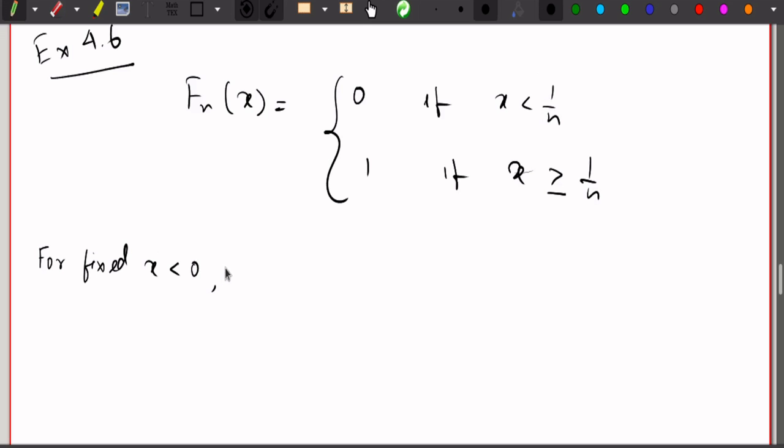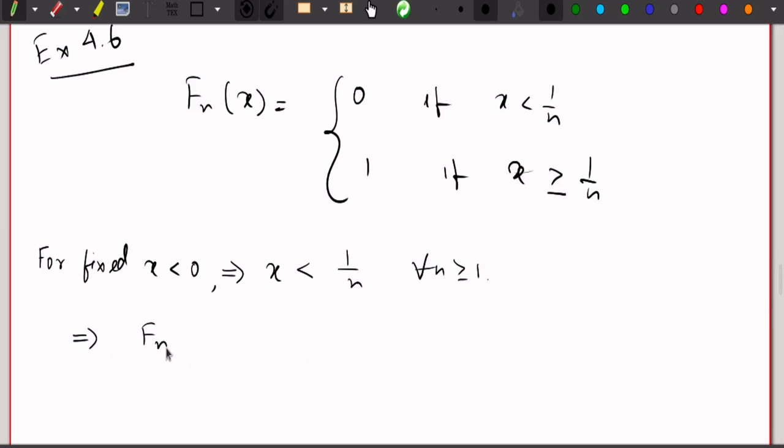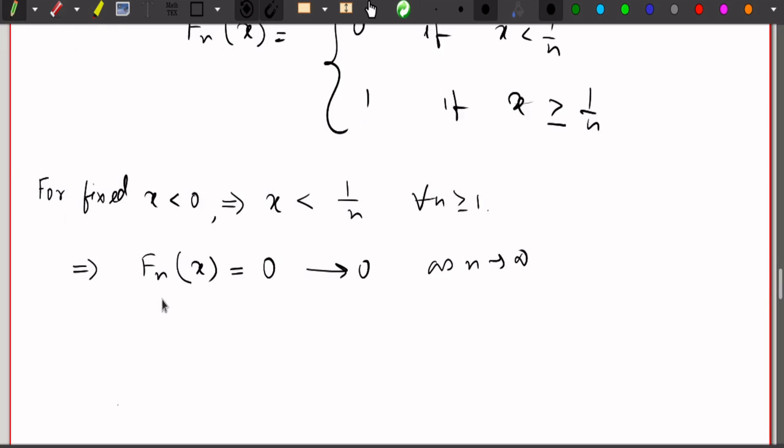So this implies that x is less than 1/n for all n greater than or equal to 1, and this implies that the distribution function of Xn at the point x, where x is less than 0, is equal to 0, which converges to 0 as n goes to infinity. Okay. Next, for fixed x strictly greater than 0, note that I can find n naught.